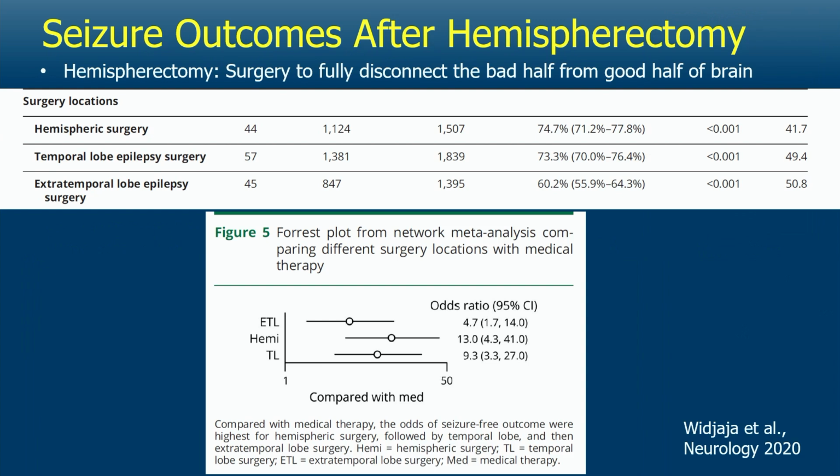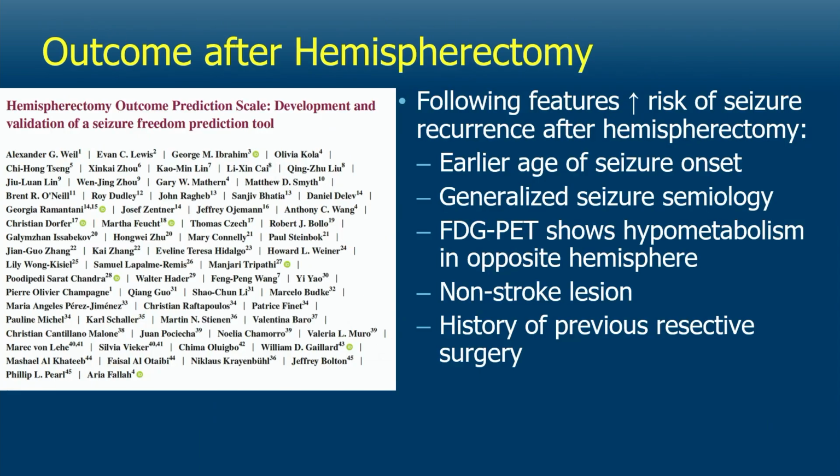In a previous systematic review of the literature, we have shown that amongst the different types of epilepsy surgery, hemispherectomy yielded the best seizure-free outcome rate compared to temporal lobe epilepsy surgery or extratemporal lobe epilepsy surgery. However, not all hemispherectomies will achieve the same seizure freedom rate. If one of these factors is present, then the seizure freedom rate will be lower.